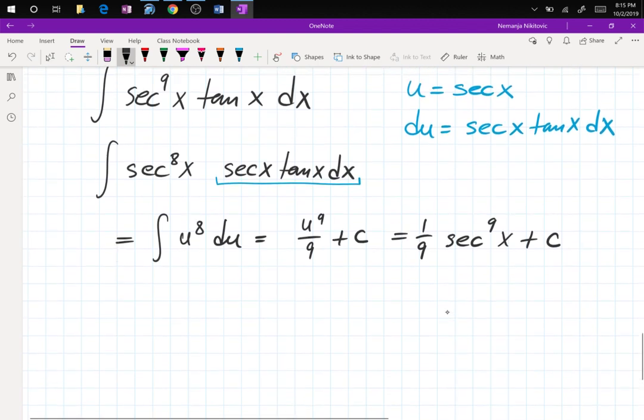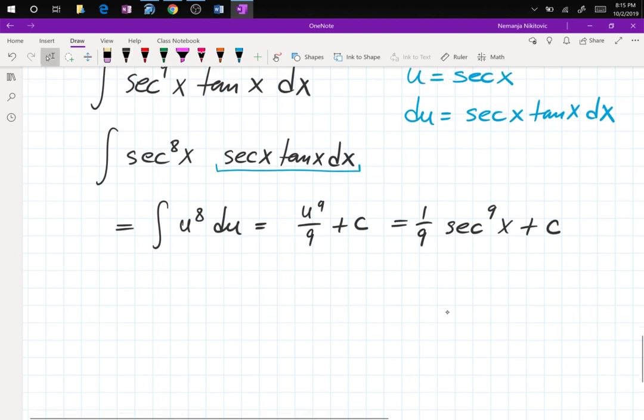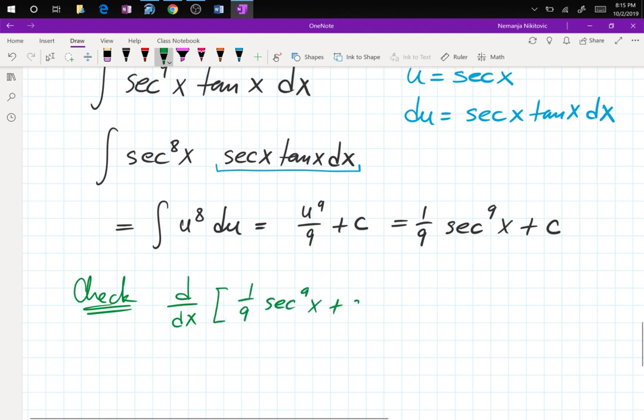Now, let's say you care and you want to check this, hypothetically. What do you do? You differentiate the answer, 1 over 9 secant to the 9x plus c. The derivative is, you copy 1 over 9.